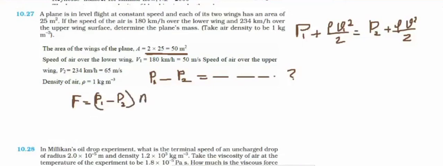Area is 50 meters square. And this upward lift should support the weight of the plane, mg. Then only the plane can move upward. So the upward lift is equal to the weight of the plane, and from this the mass of the plane m can be calculated.